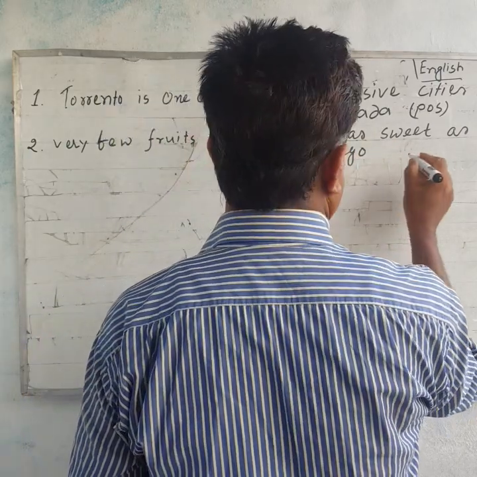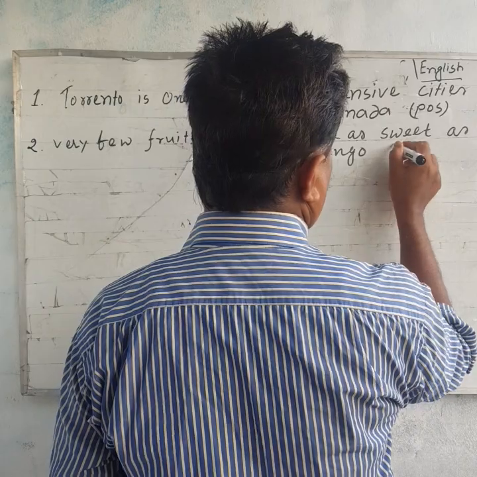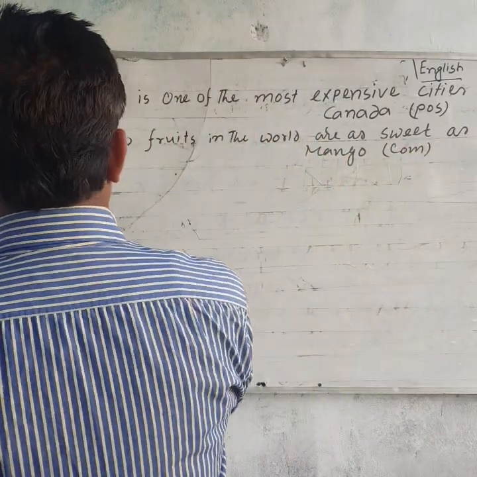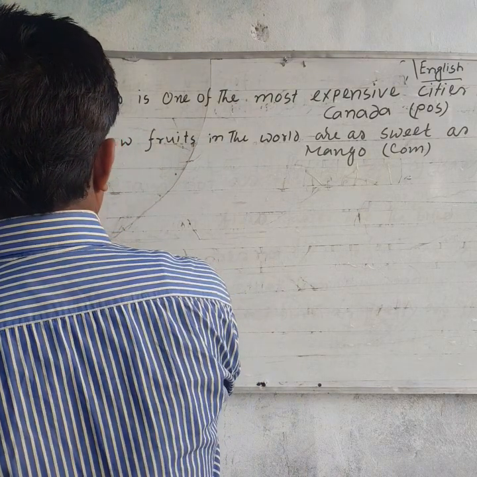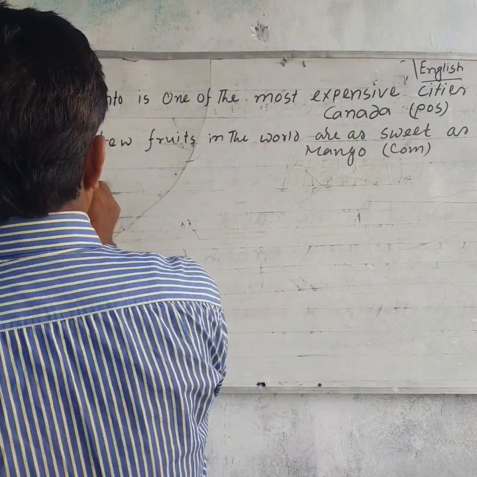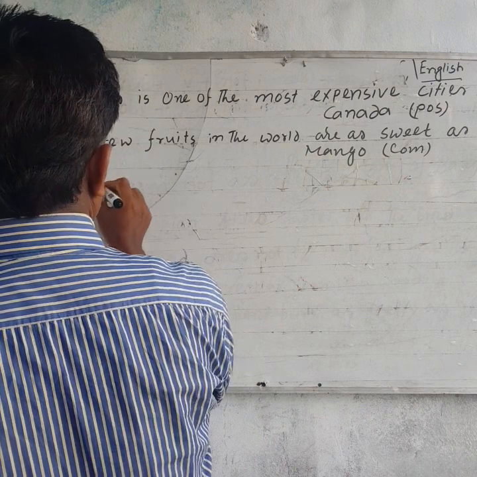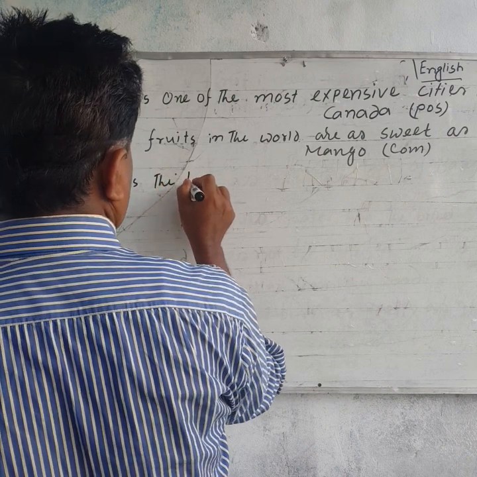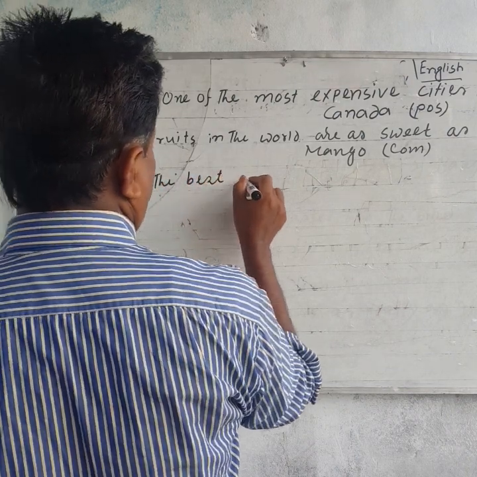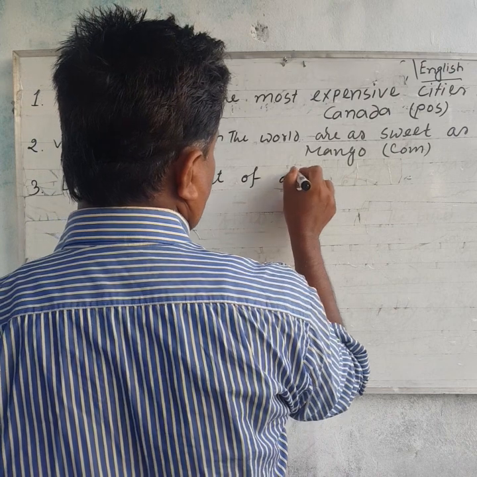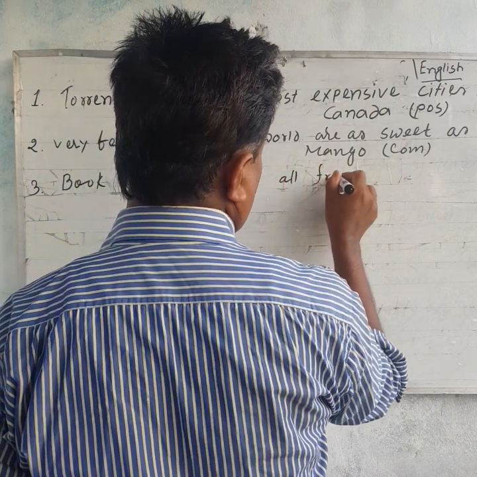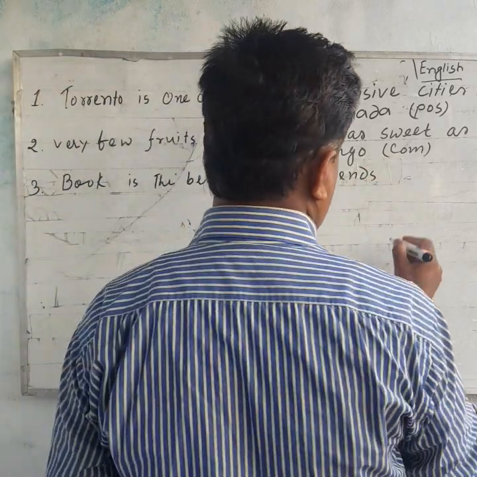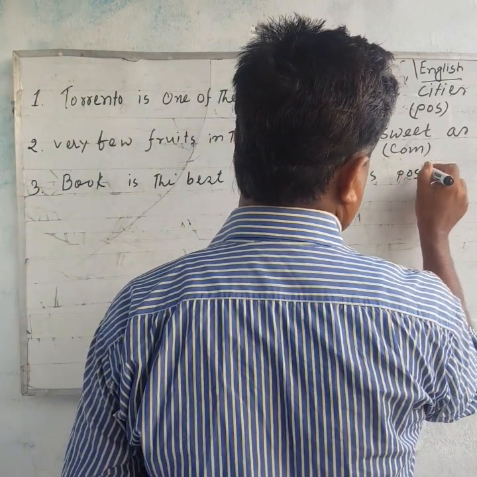Make it comparative. Number 3: Book is the best of all friends. Make it positive.